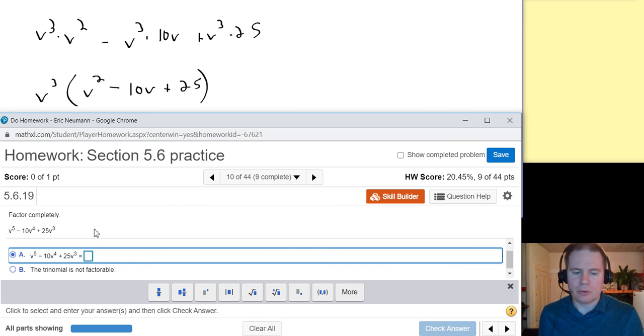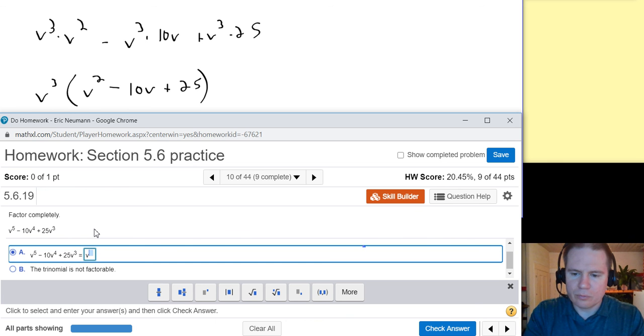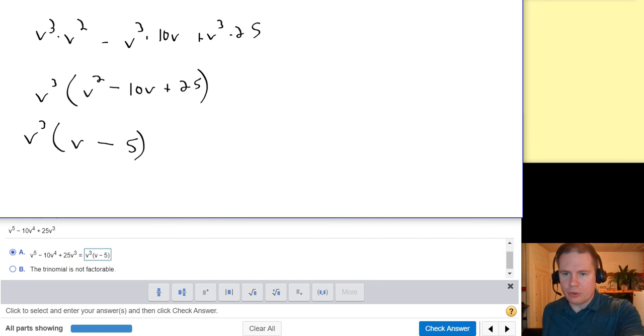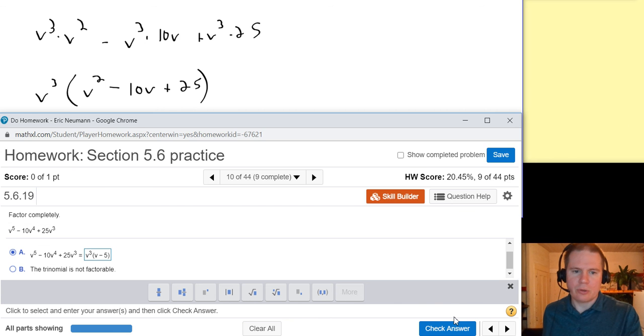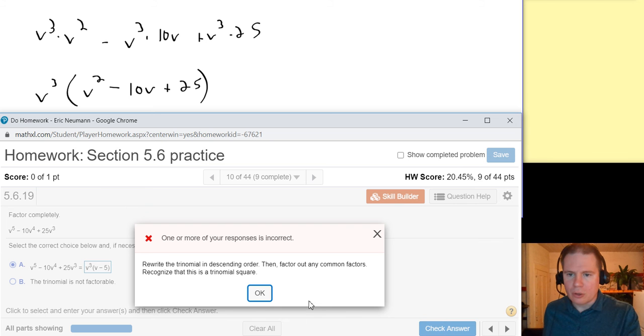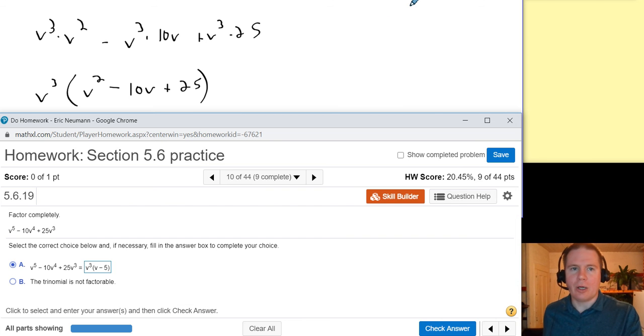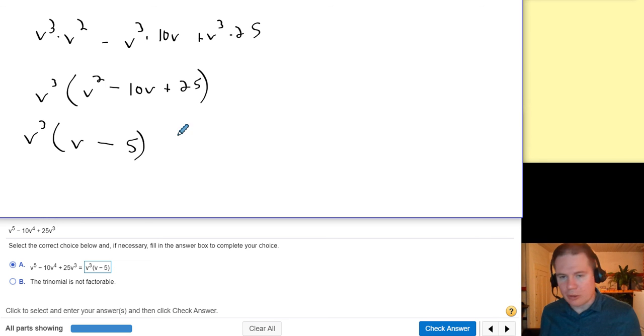V cubed times v minus 5. And just double check. V cubed times v minus 5. Yes, that checks out. No, it's not correct. Oh, silly me. I wrote it wrong here.